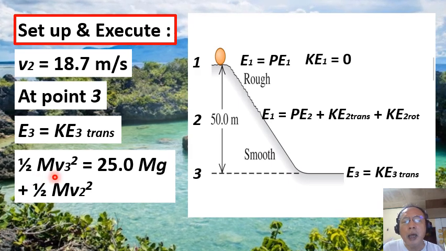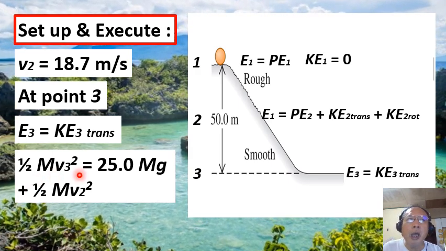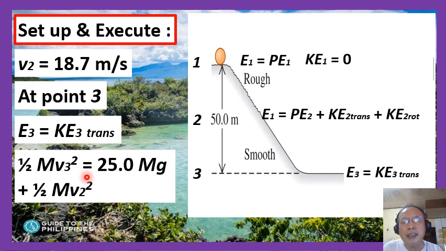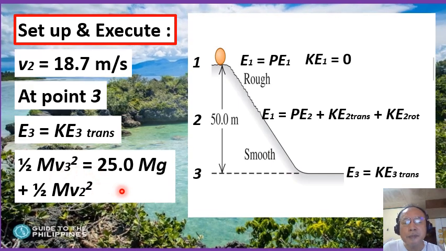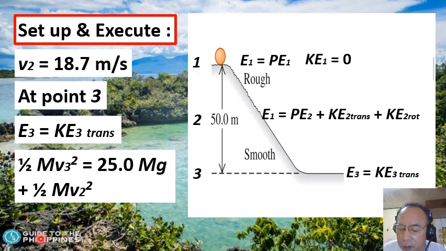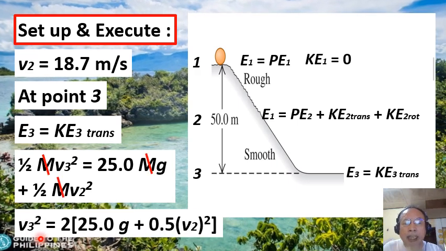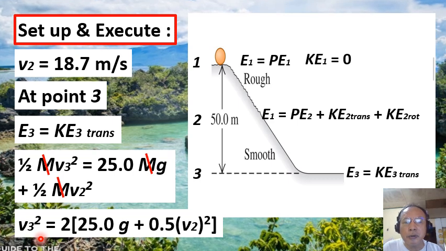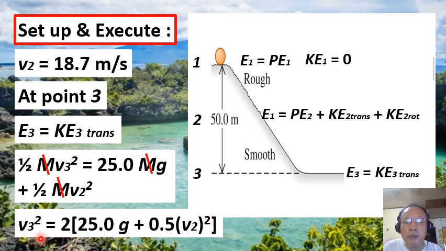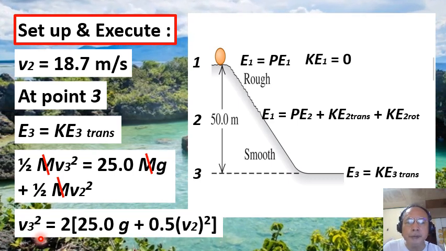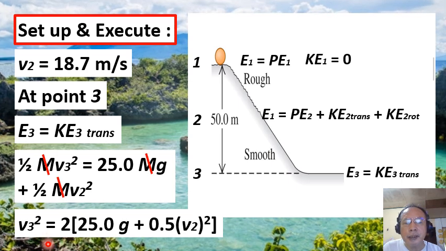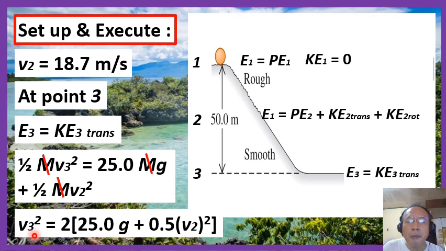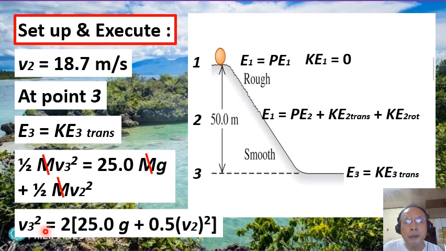That is why our conservation of mechanical energy equation is simply like this. So when we cancel the mass capital M, we can isolate the speed v sub 3 squared. That is, v sub 3 is our main target variable.